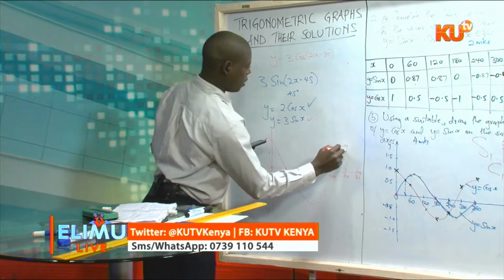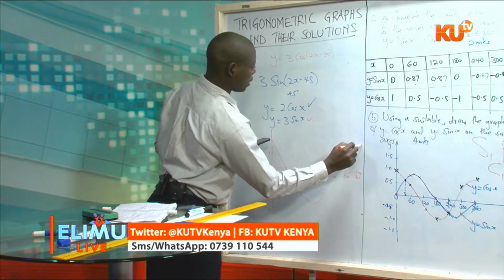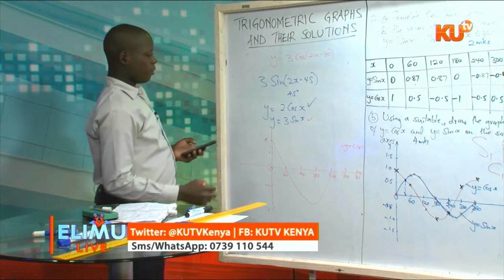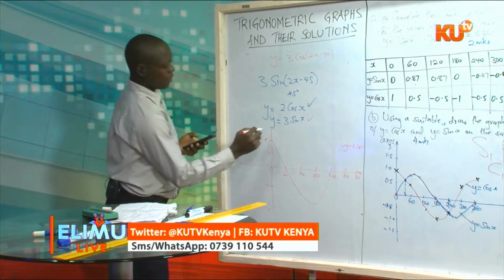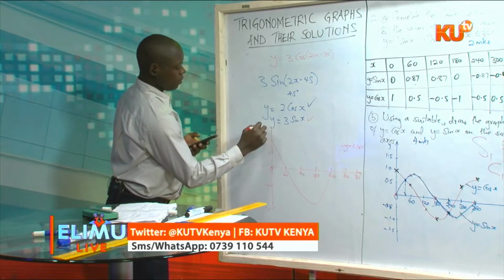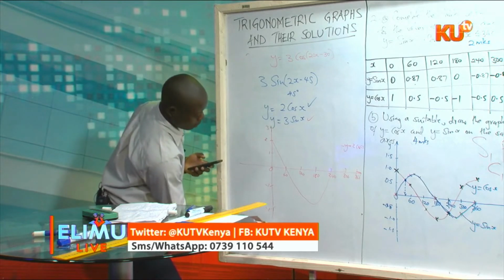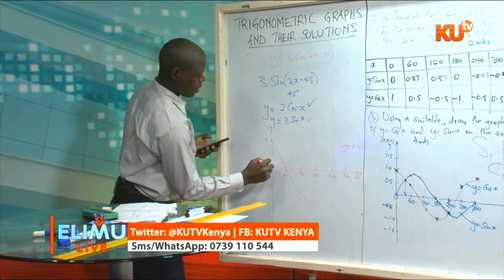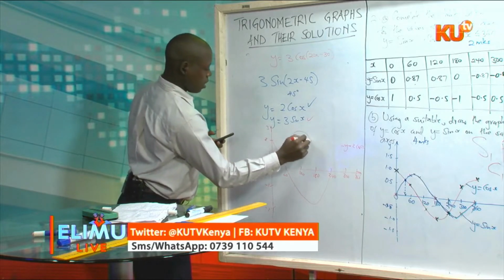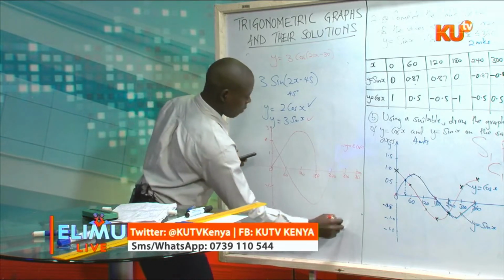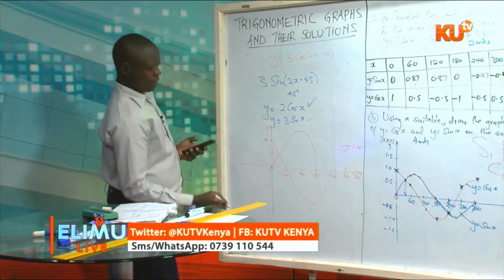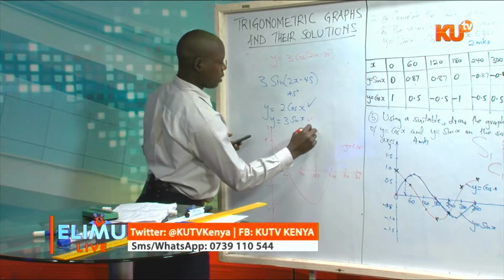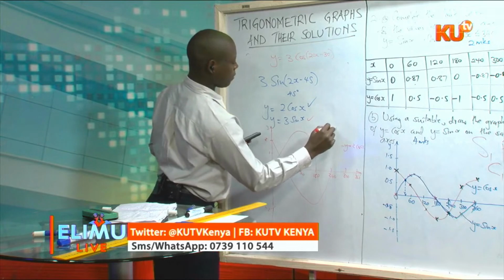This is y is equal to 2 cos x. And if you draw y is equal to 3 sin x, this is 3, and this is negative 3. This is how the graph will run. This is the graph y is equal to 3 sin x.